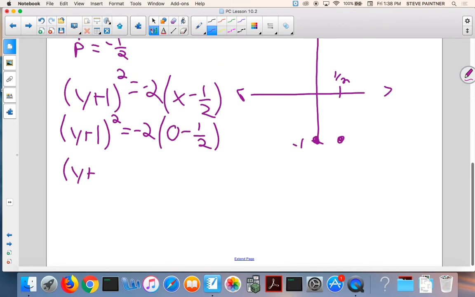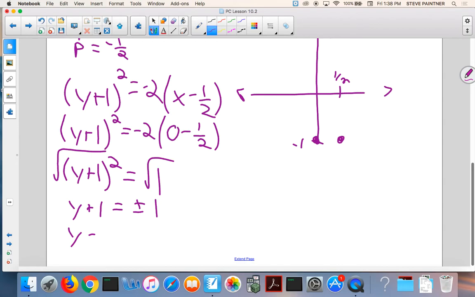Let's get y plus 1 squared equals 1. Is that right? Okay. Taking the square root, y plus 1 is plus or minus 1. y equals plus or minus 1 minus 1.